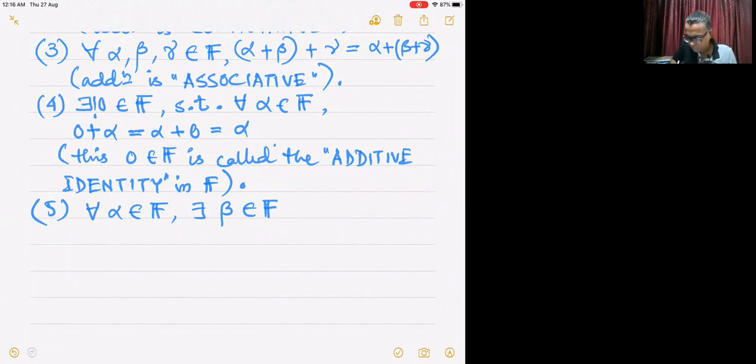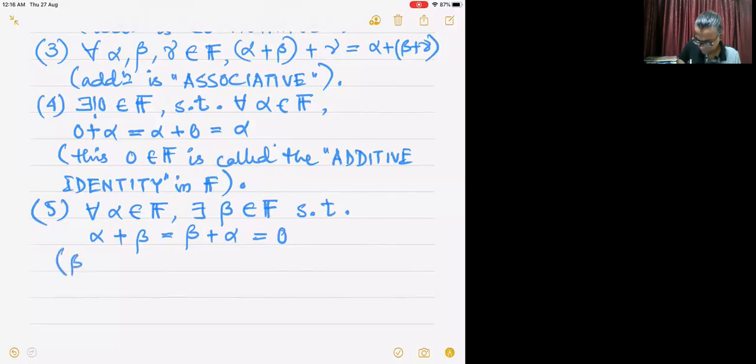For all alpha in F, there exists a beta in F such that alpha plus beta equals beta plus alpha equals 0 in the field. Beta is called an additive inverse of alpha.